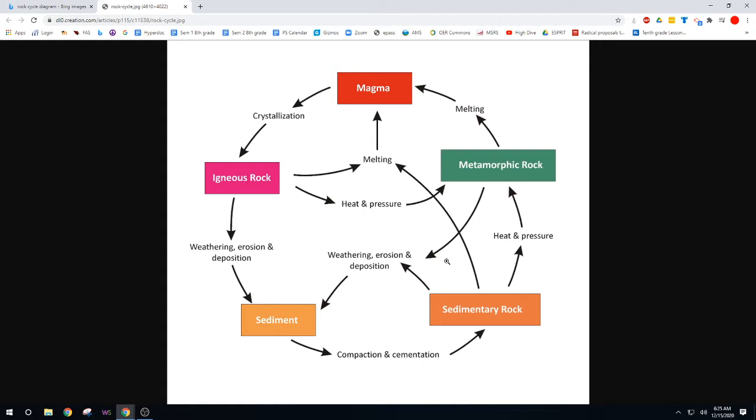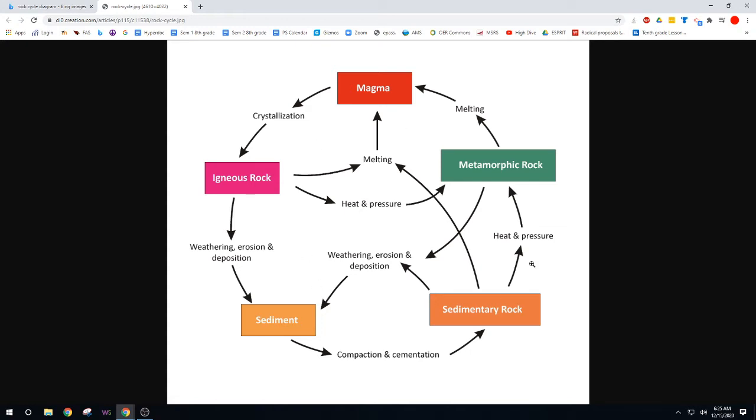That's going to be things like coal and some of our limestones, but we'll get to that. So a rock is kind of like a mixture or a compound, whereas a mineral is more of an element or a smaller base unit of it.